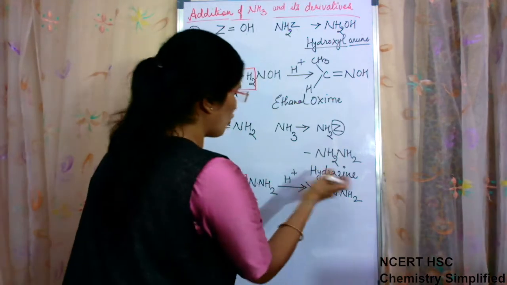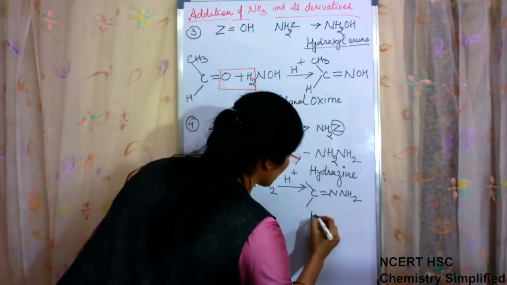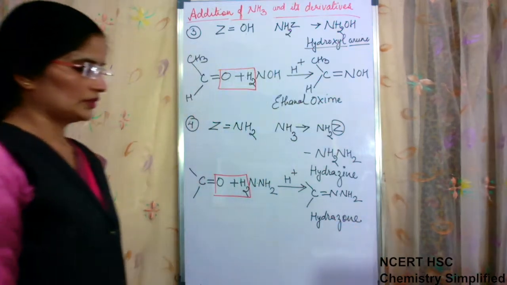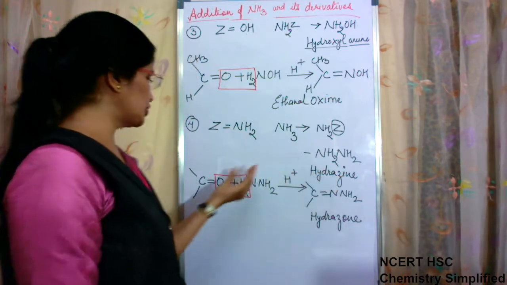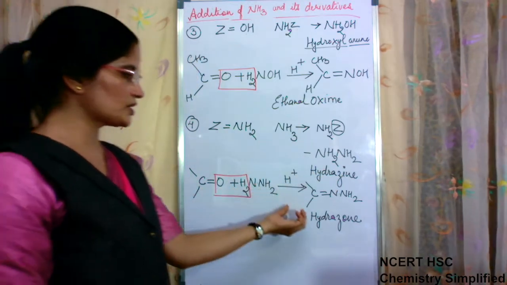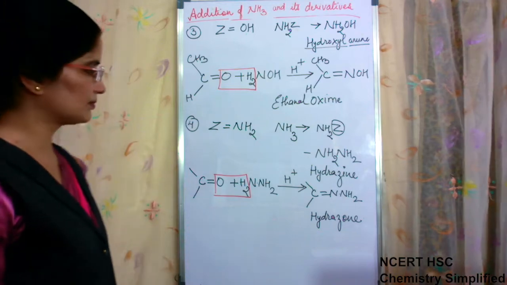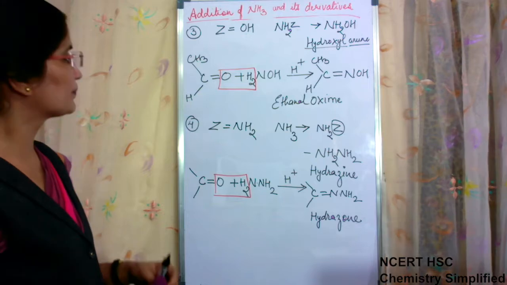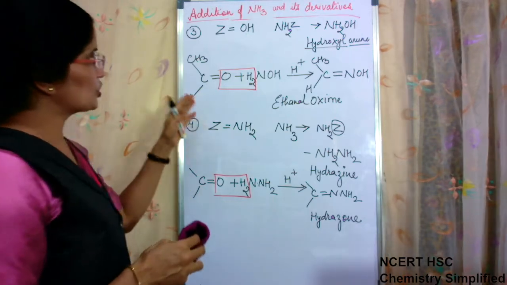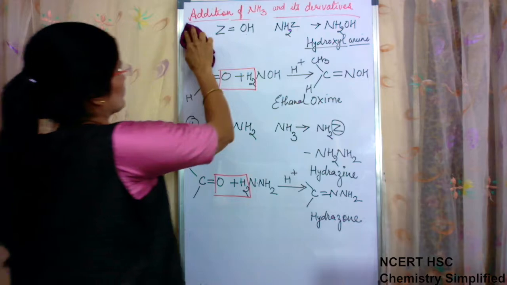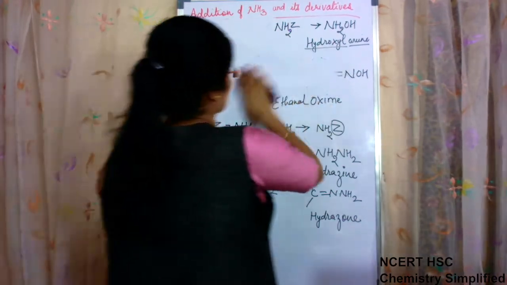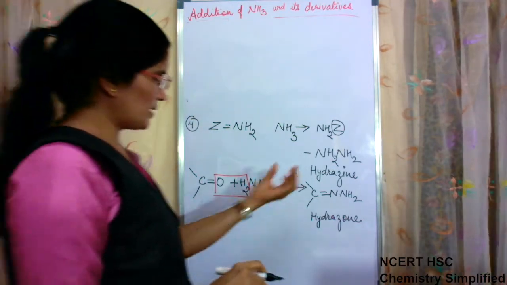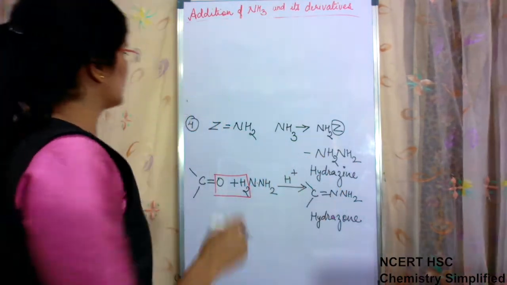The name of the product from hydrazine is hydrazone. So if hydrazine is used with aldehydes or ketones, products called hydrazones are formed. Okay. Now we come to the next substituent. So remember this NH2NH2 is hydrazine.